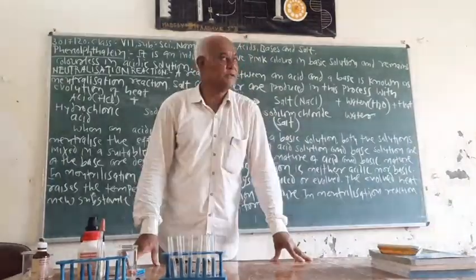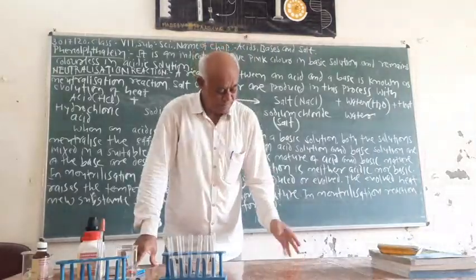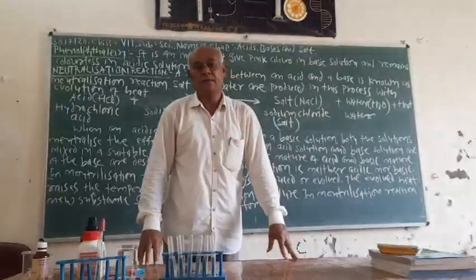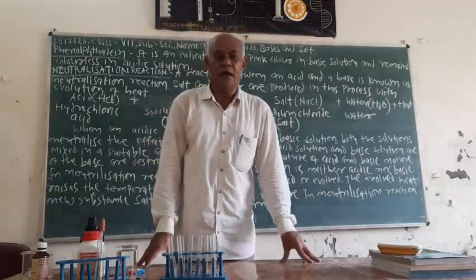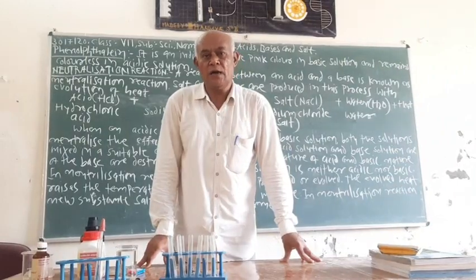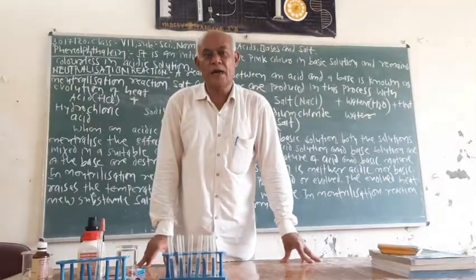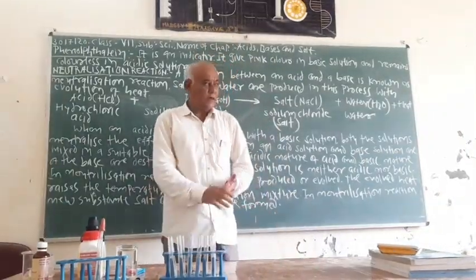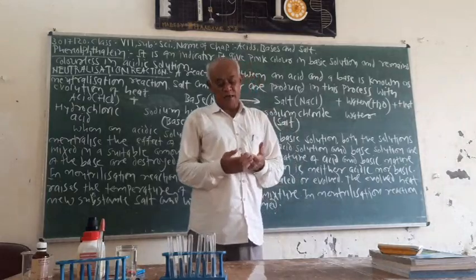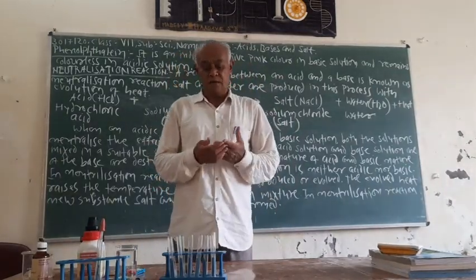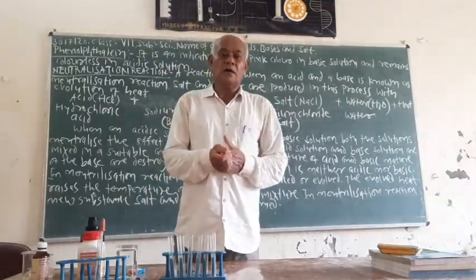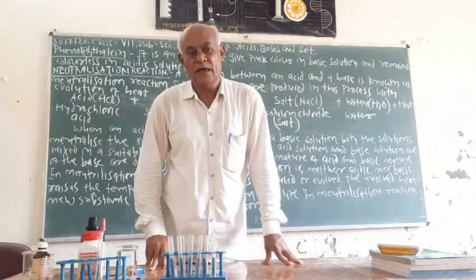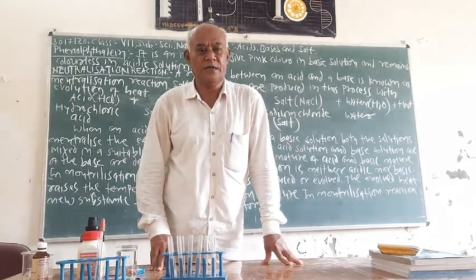It means its yellow color remains the same with an acid, and the yellow color of turmeric paper turns red if the solution is a base. Similarly, how does the color change with the China rose petal indicator with acidic solution and basic solution.